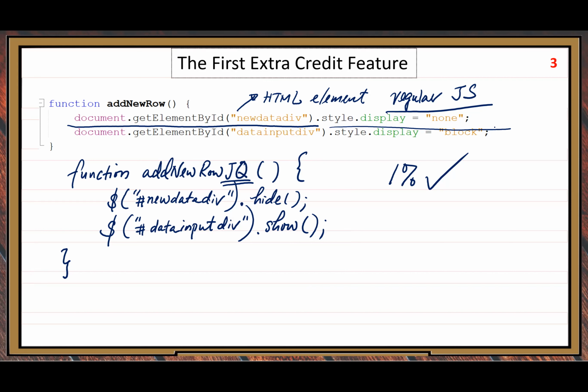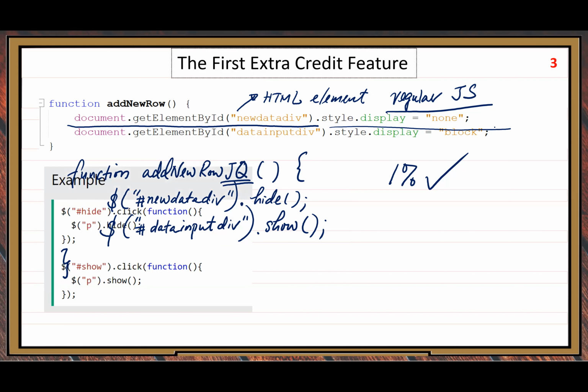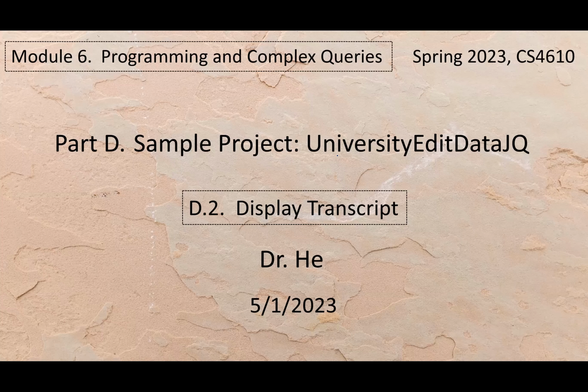Here, in this example, I give you the conversion code already. I don't mind, because for the first one, I want to make it as simple as possible. Next, that display transcript file, I plan to give it to you.